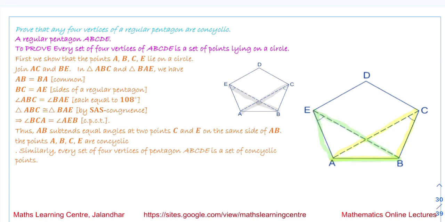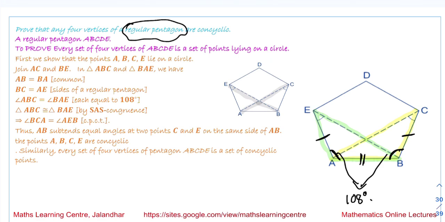In these two triangles, this side AB is the common side. Then this side BC and this side AE are equal to each other. And the angle ABC and the angle BAE, both these angles are equal to each other, and they will be equal to 108 degrees because it is a regular pentagon.